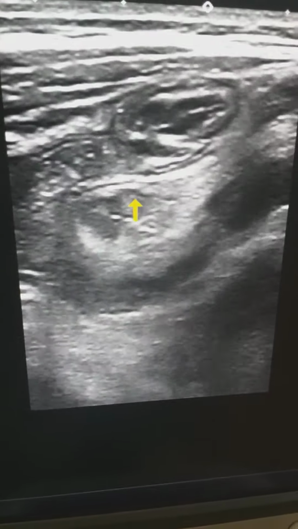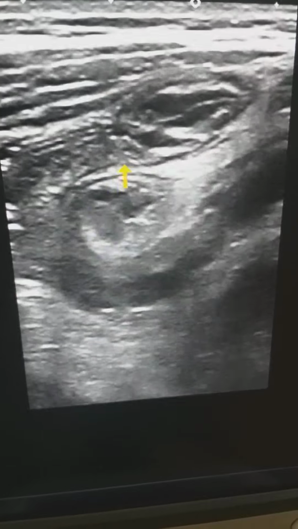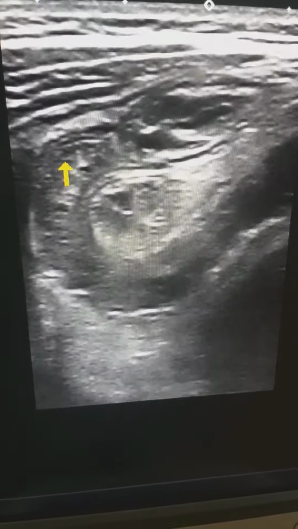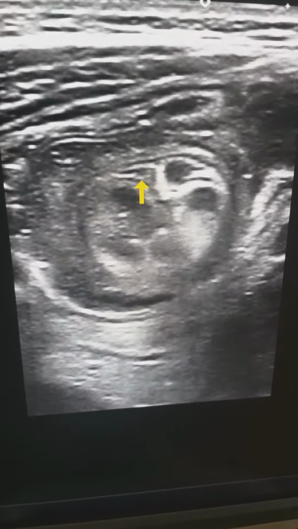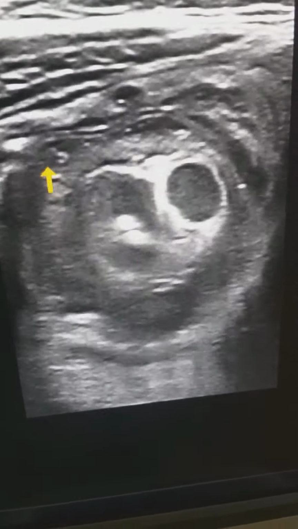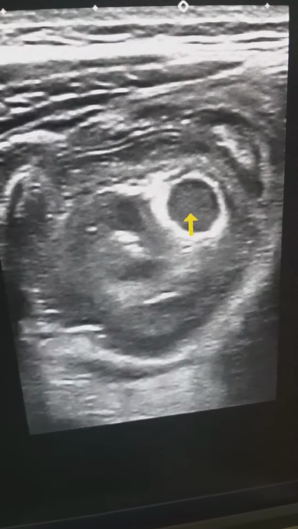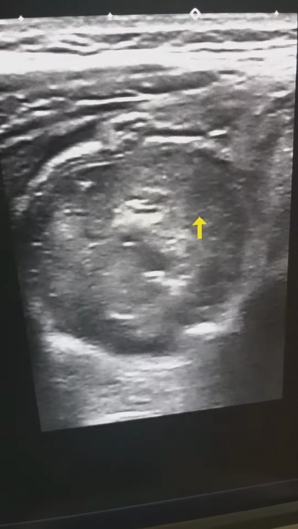This is called the intussusceptum. Target sign: inner echogenic, outer hypoechoic. Lead point: enlarged lymph node.